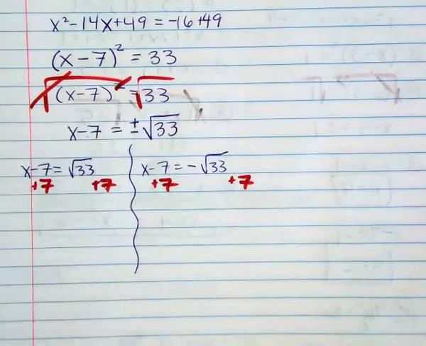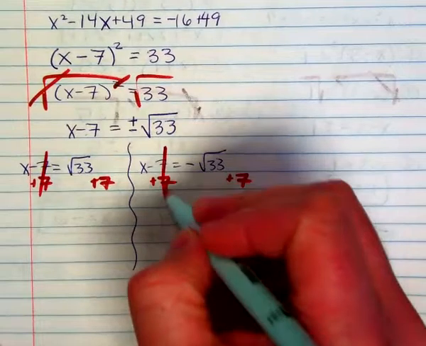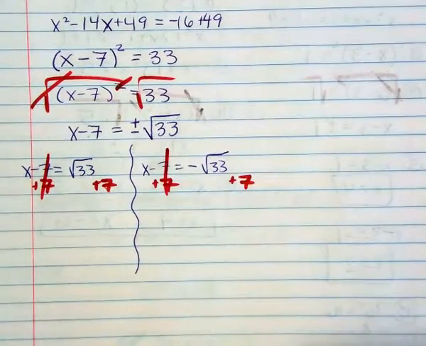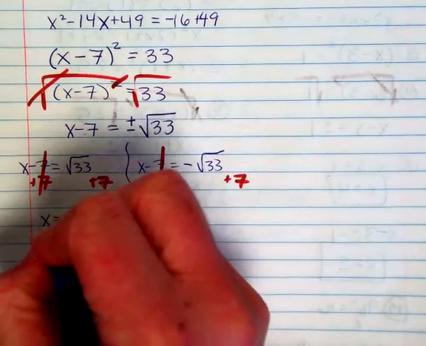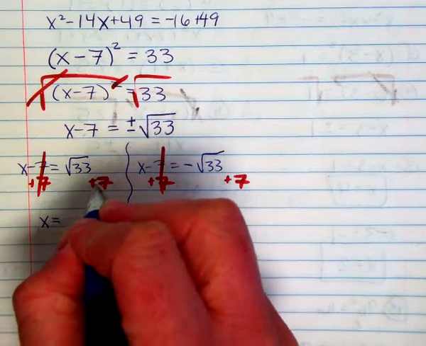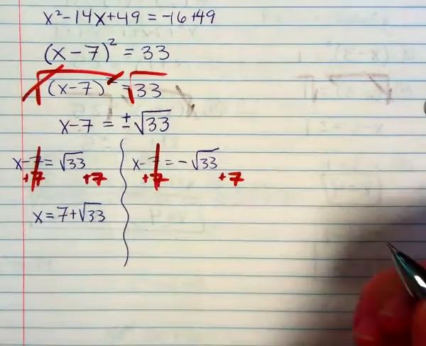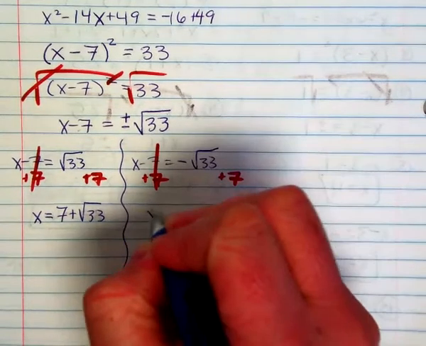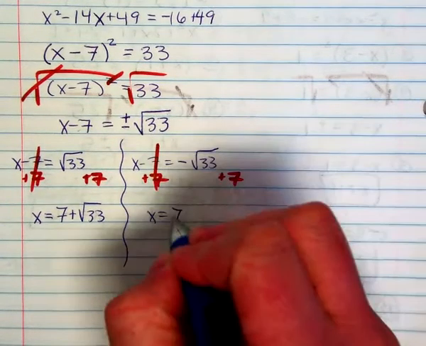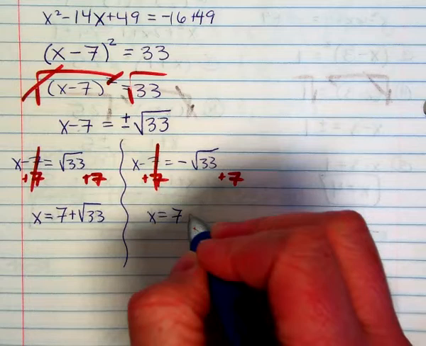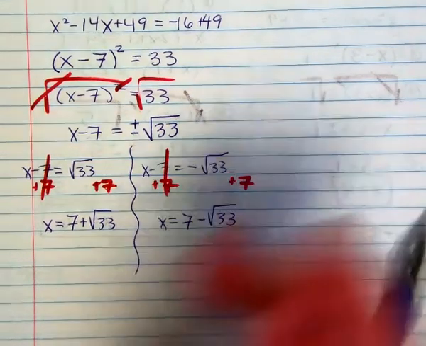So here's what we do. Because they are not like terms, they cannot be combined this way, I simply say x equals 7, and this is positive, so plus root 33. And this one I say x equals 7, and I subtracted the square root of 33.